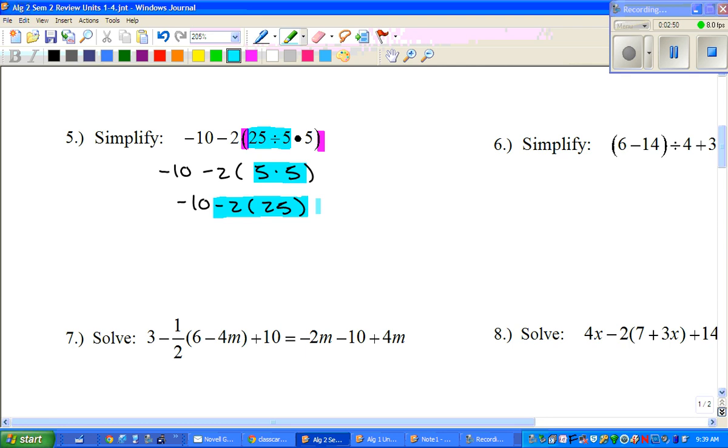And now the next thing we have to do is multiply. And we get negative 10 minus 50. Okay? Negative 10 minus 50, or if you need to do the click, you get negative 60.